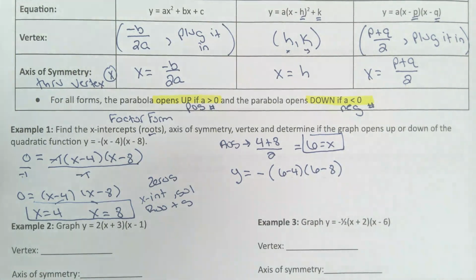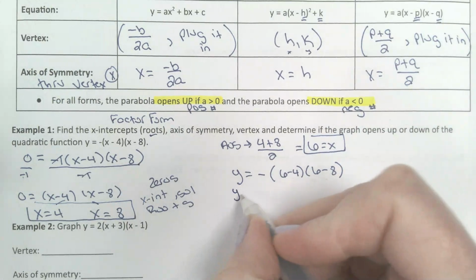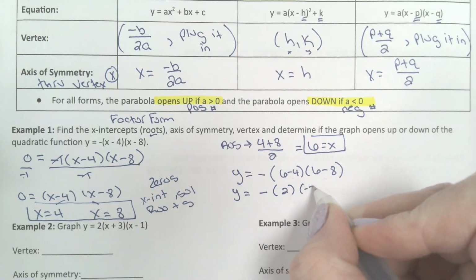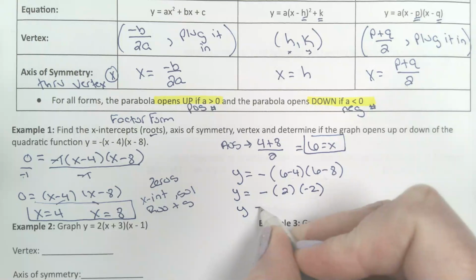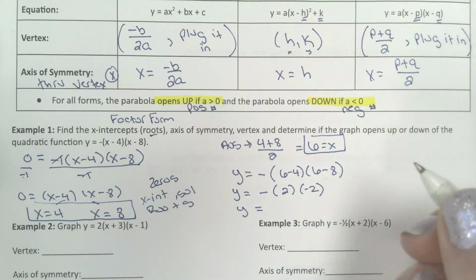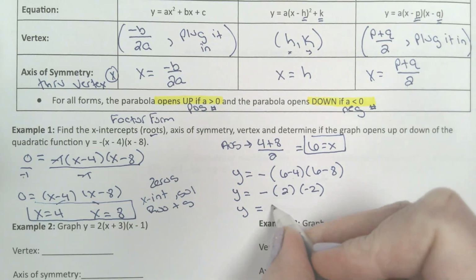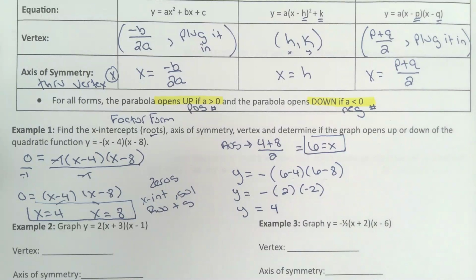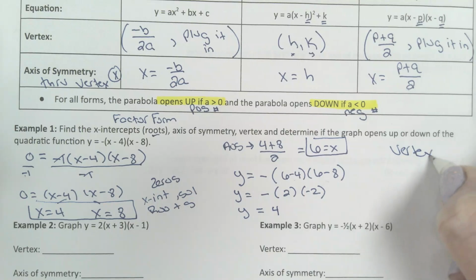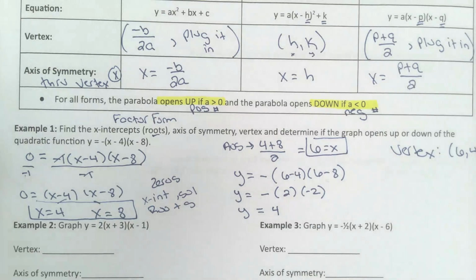Math, multiply. Did you get 4? Okay. All right. So therefore, I know that my vertex is at 6, 4.